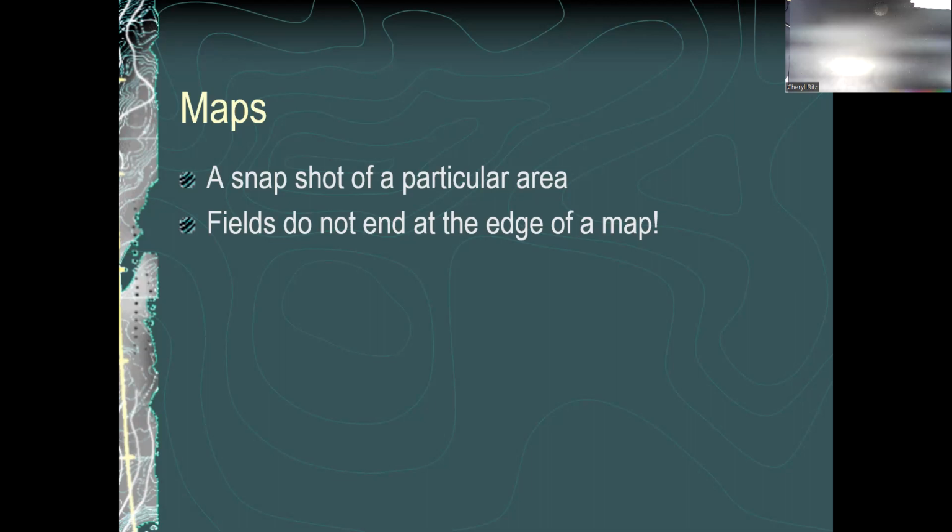So we could make a map of this classroom, the building, the town of Yorkshire, the entire school district, the county, the state, or the entire world. A map is just the area the person making the map decides to make a map of. And keep in mind that whatever's happening doesn't end just because the map ends.